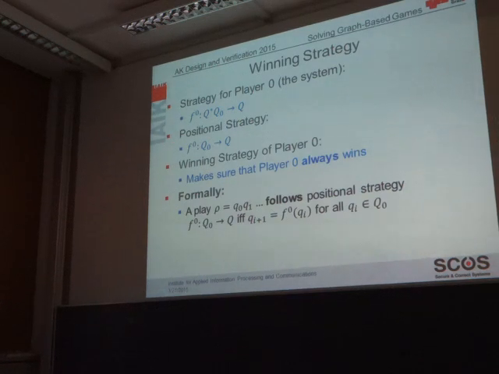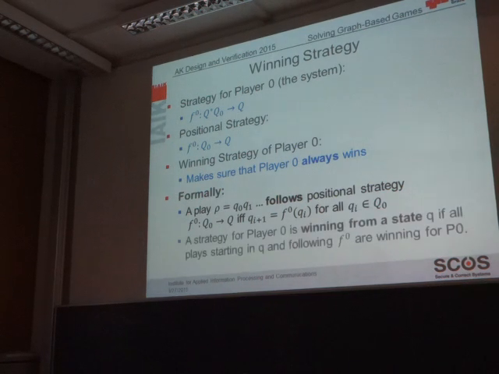This is just a very complicated way of writing down what you intuitively already know anyway. So this is how we can formally define when a play follows a positional strategy, and then we can say that a strategy is winning from a certain state if when we start in this state, we will always win the game when we follow our strategy, no matter how the other player moves.